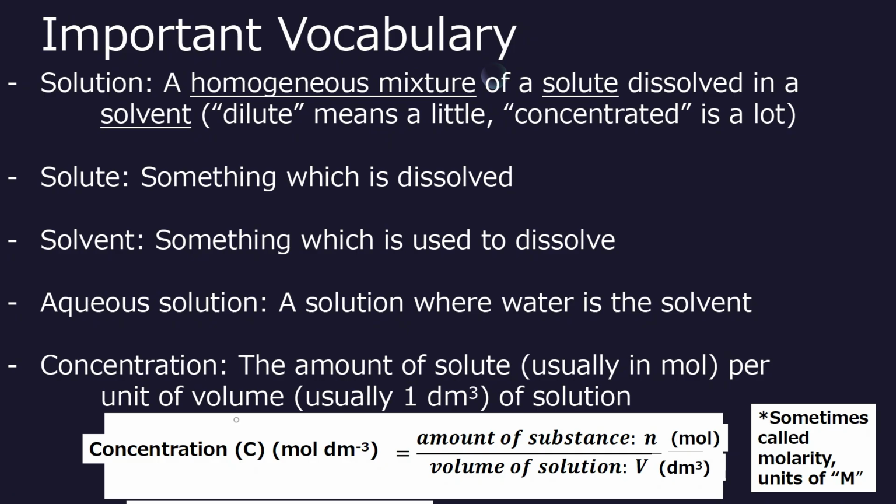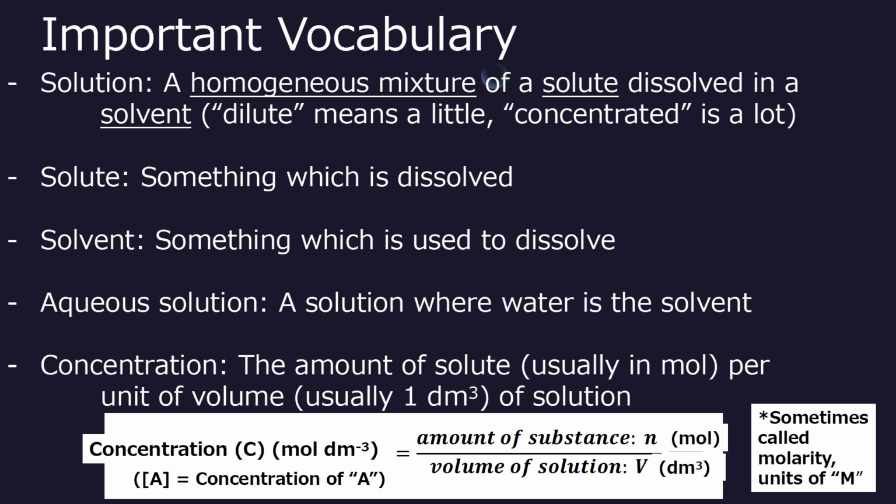So some other points. The concentration is sometimes called molarity. Molarity is the same as concentration, and it just means how many moles per decimeter cubed do we have of something. But molarity can be written with a big M. Instead of mole per decimeter cubed, you might just see a big M to mean molarity, and just realize that that means the same thing as mole per decimeter cubed.